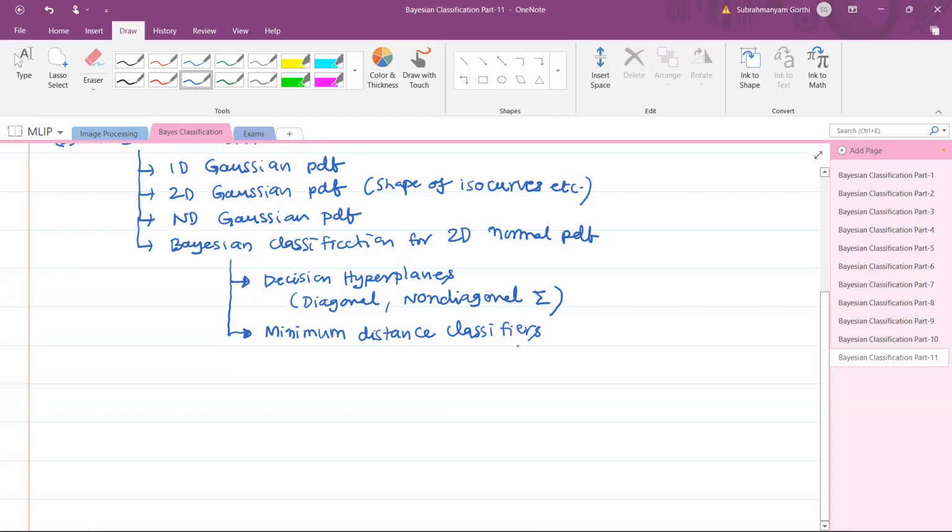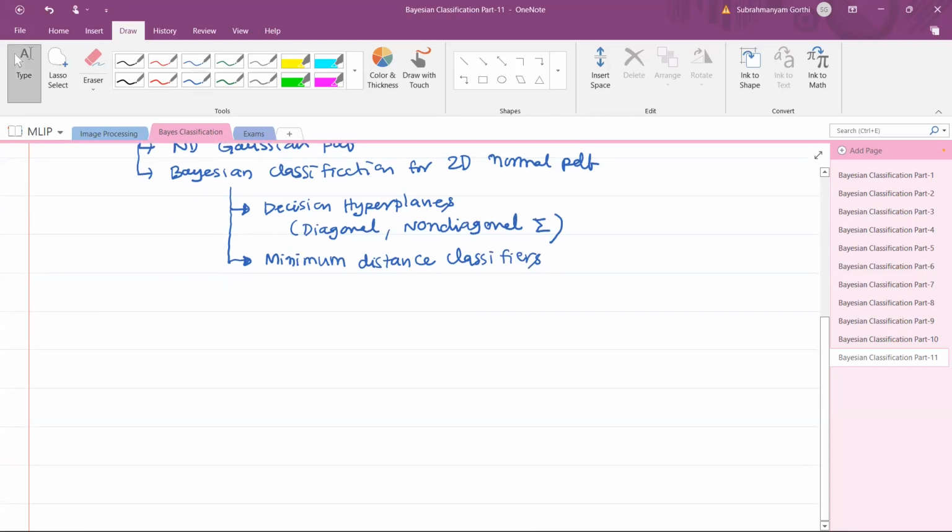In this, we discussed a couple of things. One is the minimum Euclidean distance based classifier. You also had a question on this in your midterm exam, where you get the Euclidean distance based classifier when you have a diagonal covariance matrix with the diagonal elements being the same.